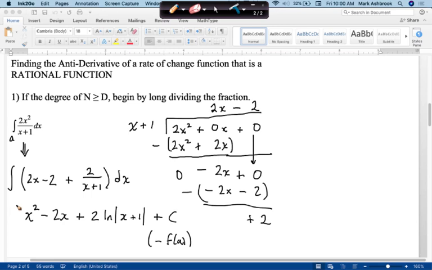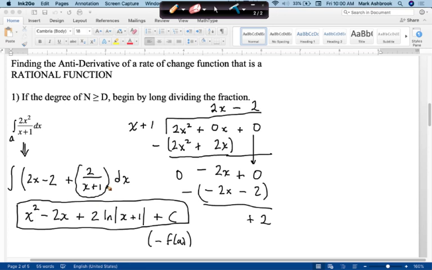Questions on this example? Sometimes just doing the long division takes care of it. It gets us an equivalent rate function that we can integrate. But you always have to check for that first. Now, sometimes the fraction that you get will still not be simple like ours was.